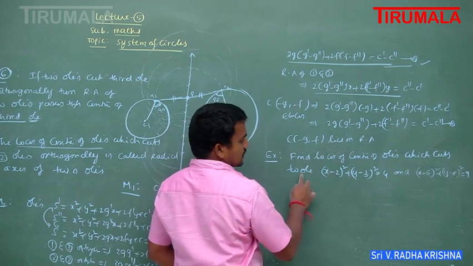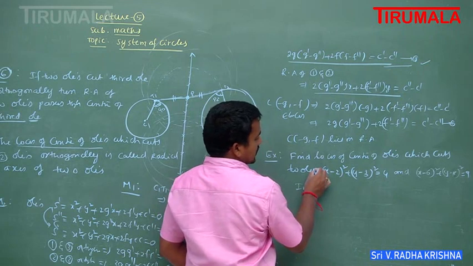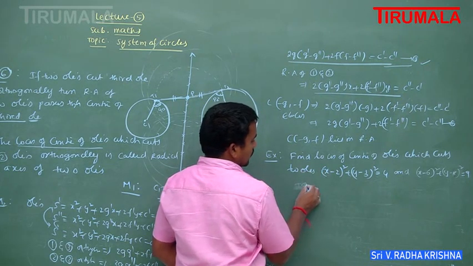Find the locus of the center of the circles which cut the two circles orthogonally.